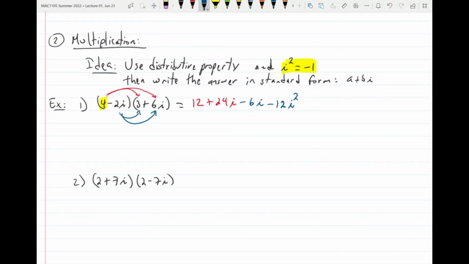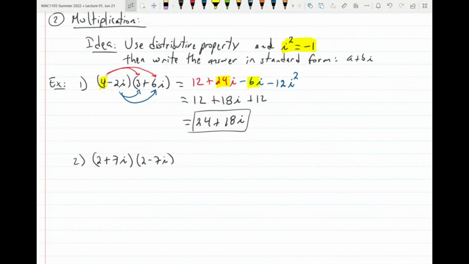Remember, i squared is negative 1, so this is really a positive 12. So we get 12, and I can already combine these two: 24i minus 6i is 18i. And then negative 12 times negative 1 is positive 12. So now we can do 12 plus 12, that's 24. Are you okay? Okay, good.